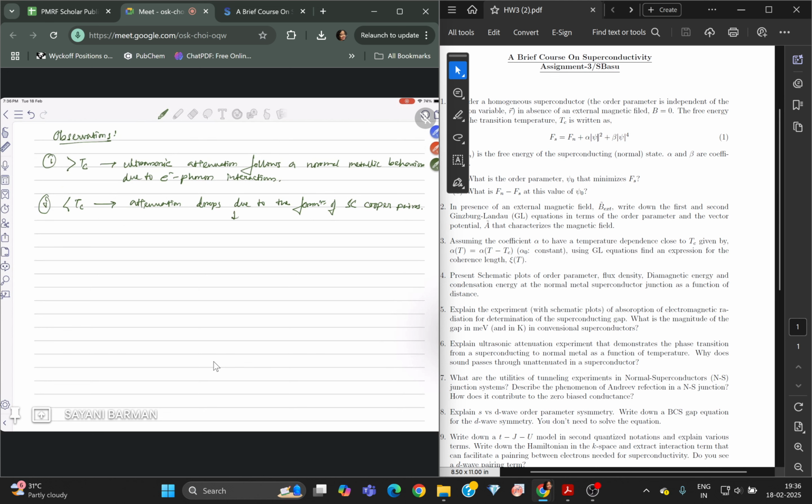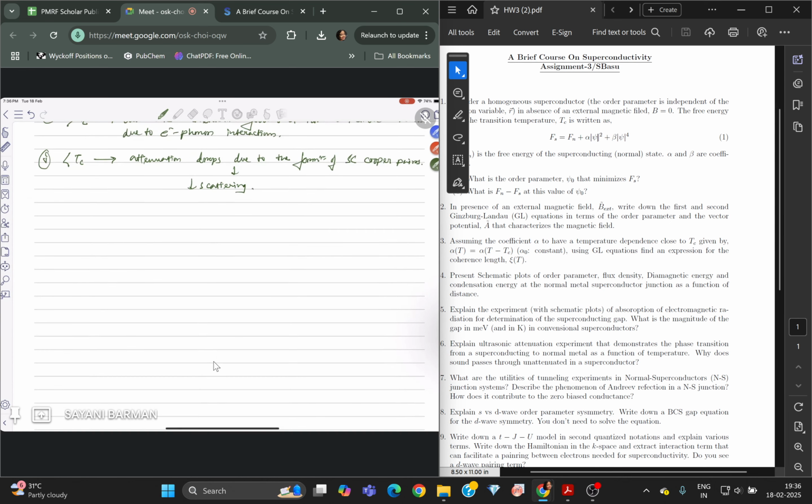What happens then? Scattering lessens, scattering reduces. Now, the third observation would be the reduction in attenuation is linked to the superconducting gap.